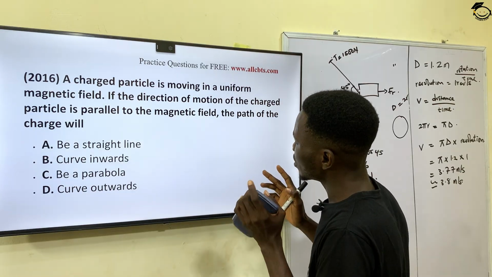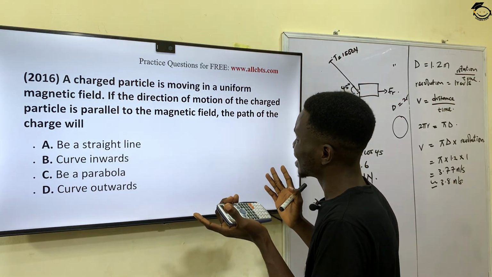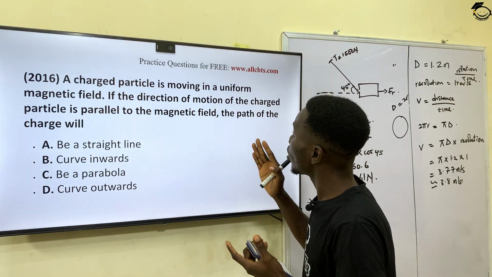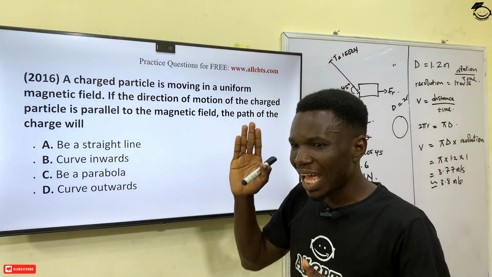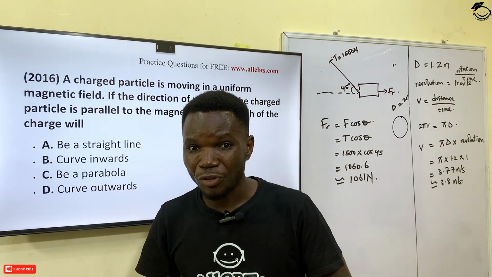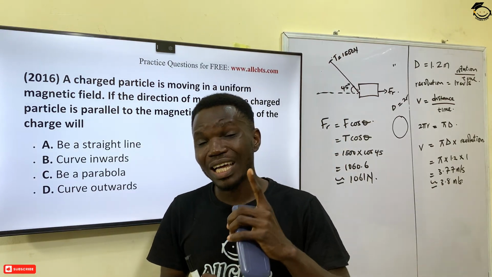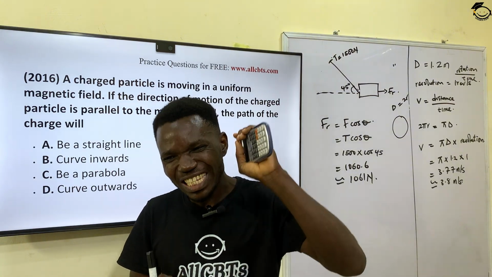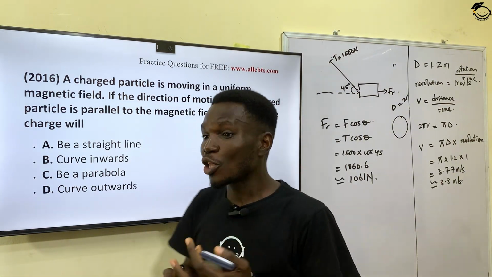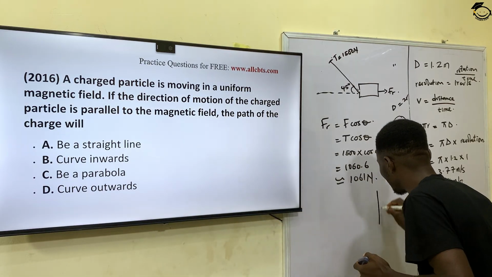So they're asking us, what will be the path of the charge when the particle is moving in a parallel direction to that of the magnetic field? If it is moving parallel to the magnetic field, the path will be a straight line.